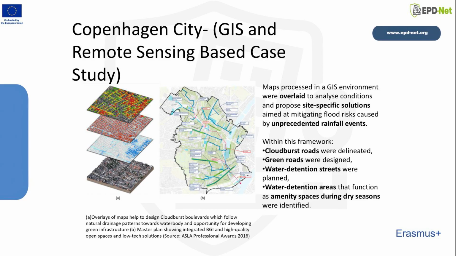GIS analyses contributed to the development of low-tech solutions. Within this framework, cloudburst roads were identified, green roads were designed, water detention streets were planned, and water detention areas that function as public amenity spaces during dry periods were created. Overlay analyses enabled the identification of spatial interventions that follow natural drainage patterns.